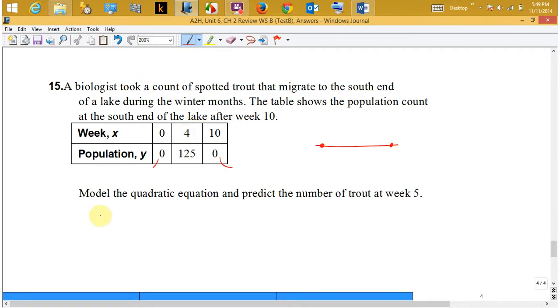So let's go ahead: y is equal to a, x minus p, x minus q. Let's put in the values of our intercepts. So we have y is equal to a, x minus p, and x minus q, which in q would be 10.